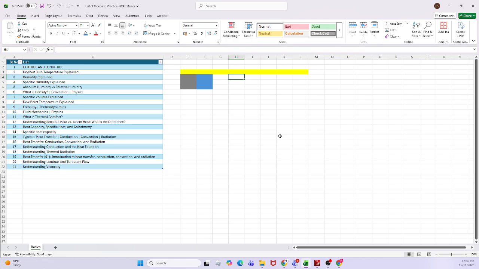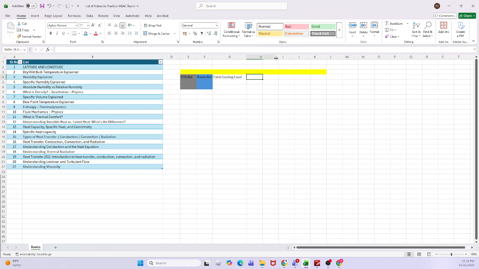Will you then provide the latent cooling load? No, I will tell you. For example, you are going to enter first the FCU reference, then the room reference, then the total cooling load, then the sensible load.